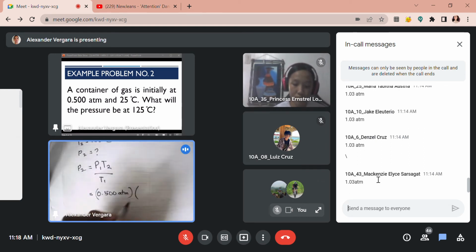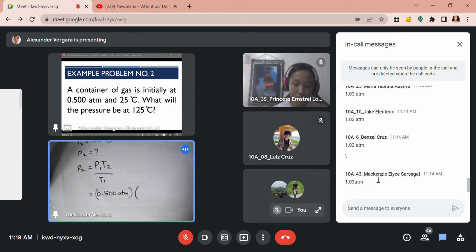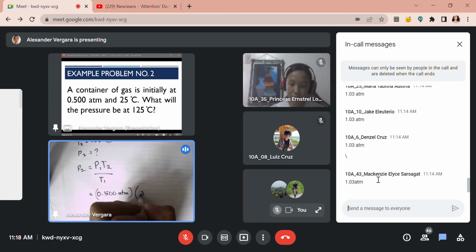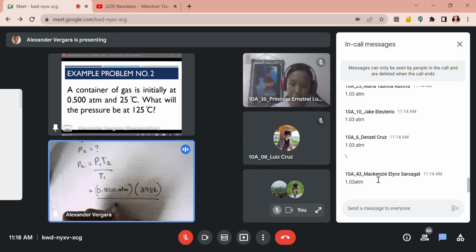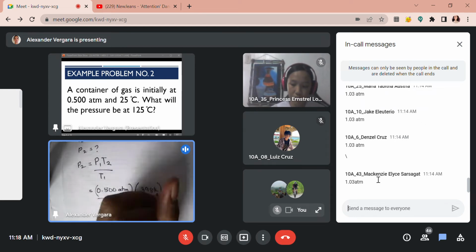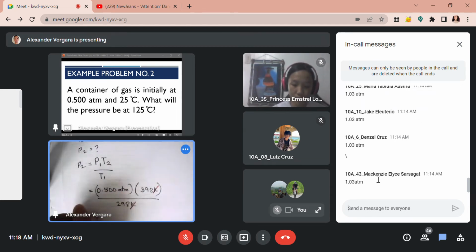Multiplied with our T2, which is 398 Kelvin, all over with our T1, which is 298 Kelvin. Before we proceed to the operation, cancel first the Kelvin. Then proceed to the operation, 0.500 times 398.